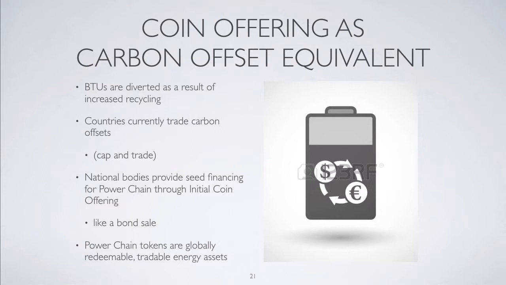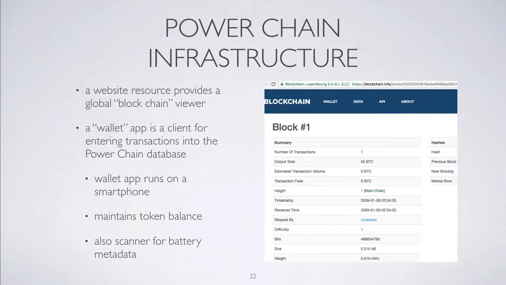They have value. So the infrastructure for this really just consists of a public browser for the power chain blockchain, and wallet applications that are used to read information about batteries, update information about batteries, and potentially redeem batteries. That doesn't exist yet. That's just the plan. But that's where we're headed.